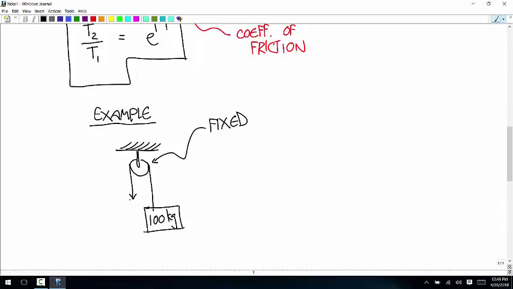And on the other side, we want to figure out what the force is that's required to hold this up. We'll say that the coefficient of static friction is 0.4. So what force is required for equilibrium?